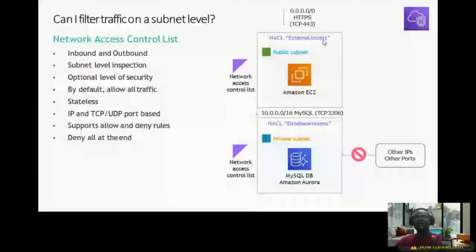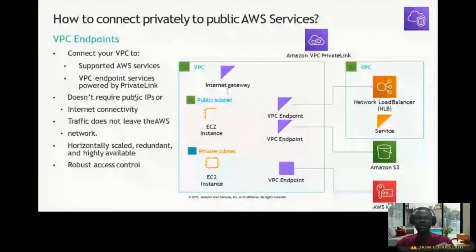Now, to connect privately to public AWS services, that's where the VPC endpoint comes in. The VPC endpoint enables you to connect to supported services. Apologies, can you confirm if you can hear me? So we have what is called services powered by PrivateLink. It is what enables you to carry out private connections to the AWS network.